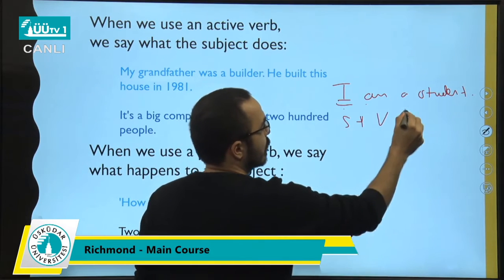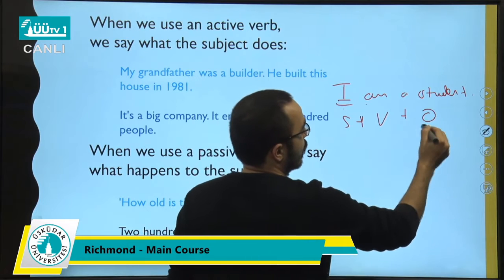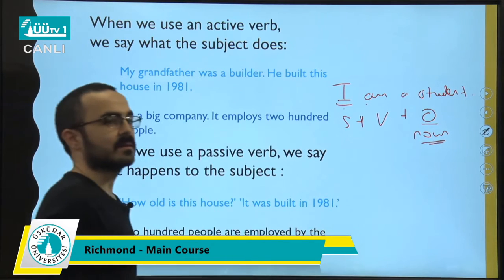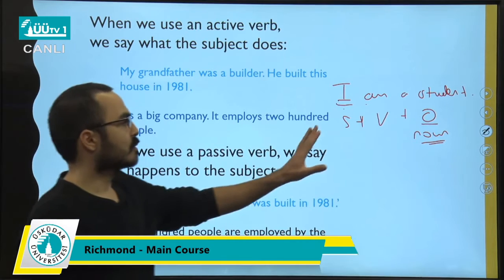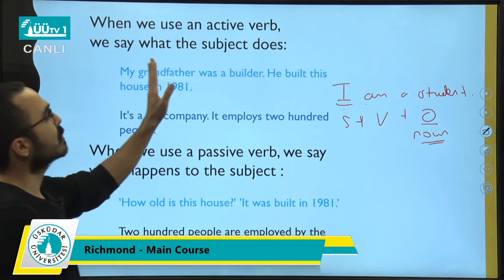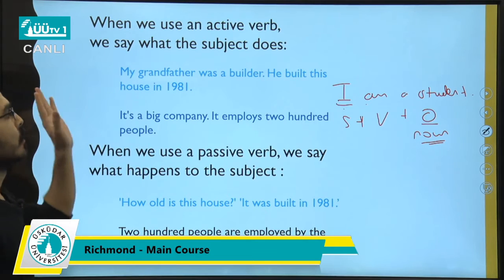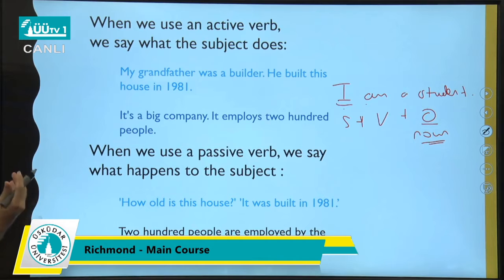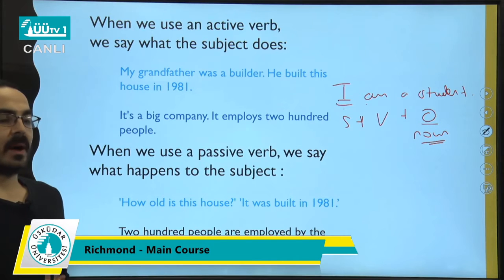And a verb and an object or a noun, right? Most positive sentences follow this pattern, let's say. And as it's stated in here, when we use an active verb, we say what the subject does. Okay? First of all, what's the opposite of passive?